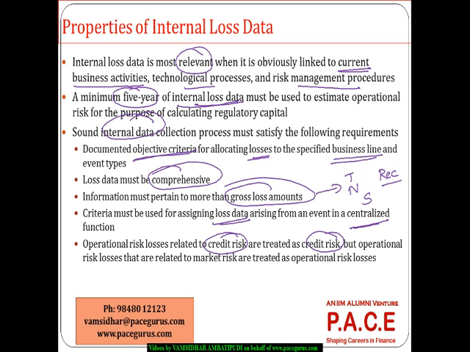But any operational risk losses that are related to market risk should be treated as a part of operational risk. This is a very important statement. Any operational risk losses which involve some kind of credit risk, categorize as a part of credit risk, but any operational loss data related to market risk, put it as a part of operational risk losses only.